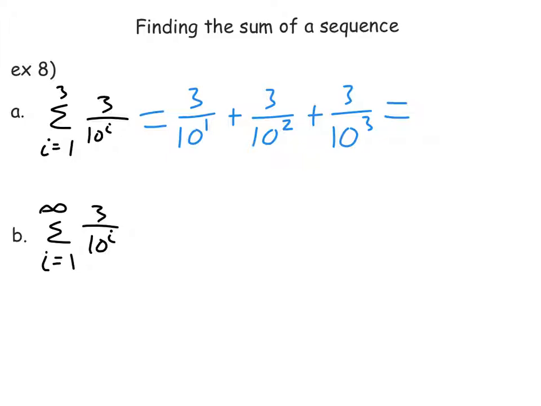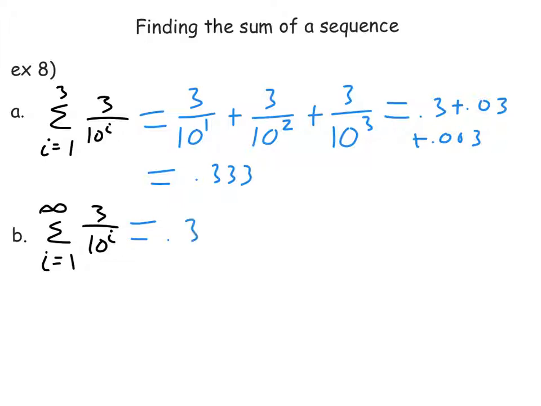Okay, this would be 0.3 plus 0.03 plus 0.003. So that would add up to exactly 0.333.